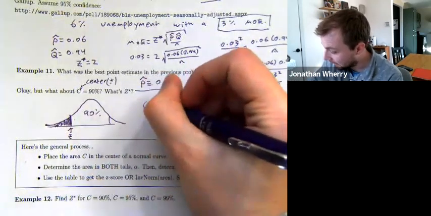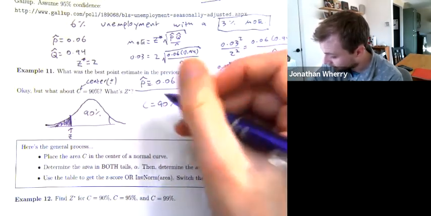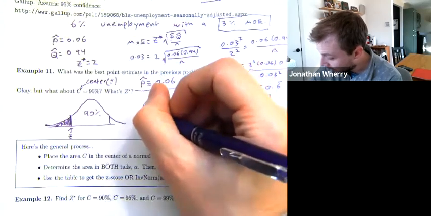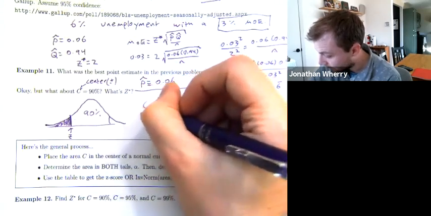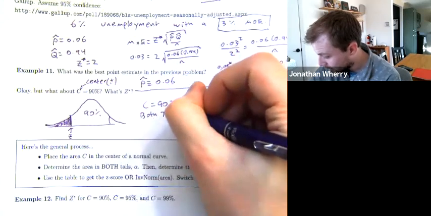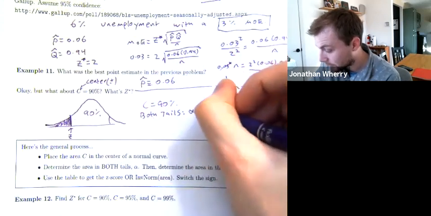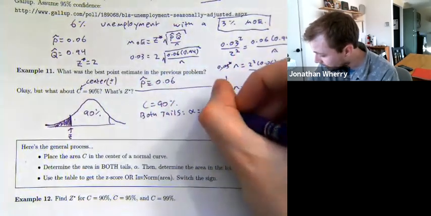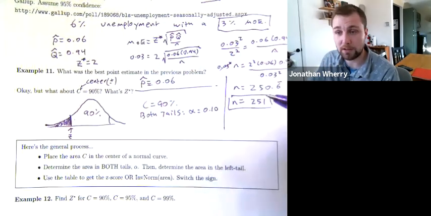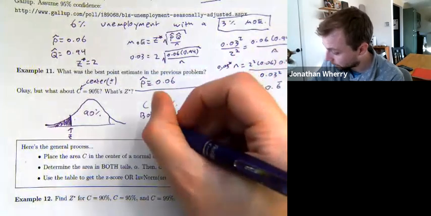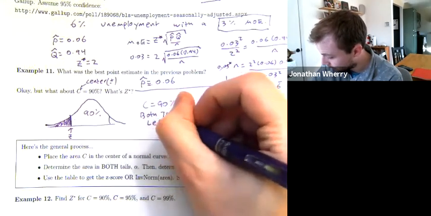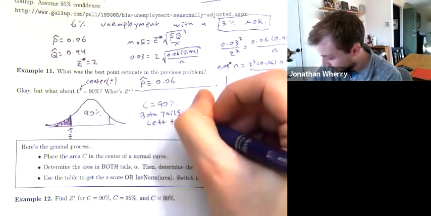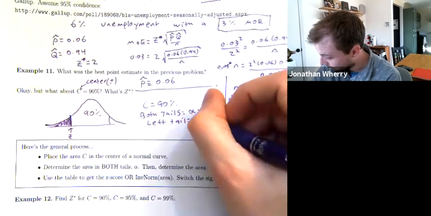So if I have 90% in the center, then the area in both tails, and I'm going to call this alpha, I hope I don't use alpha for anything else important in the term, is 10% remaining. So if I just want one tail, the left tail, I'm going to split this in half.